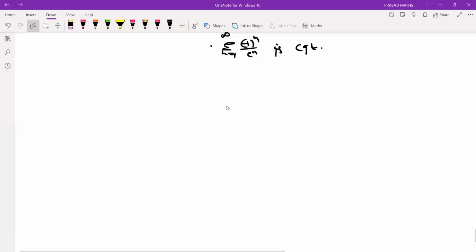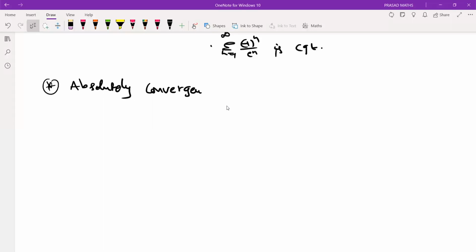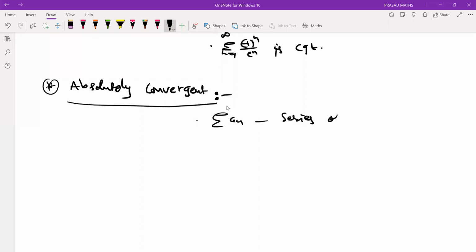Next is absolutely convergent. Absolutely convergent means, see, this is my series, a random series, an arbitrary series of real numbers, with positive ones and negative ones.